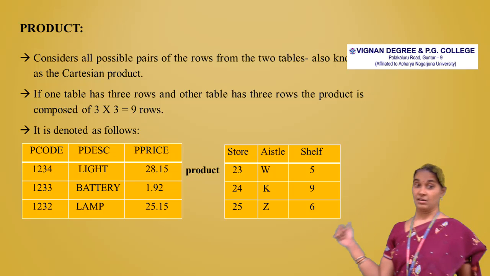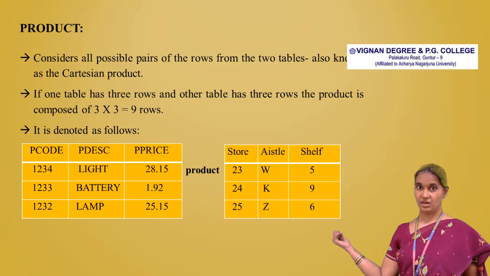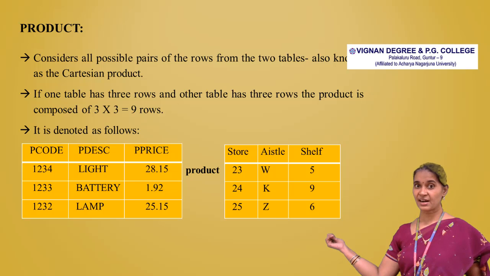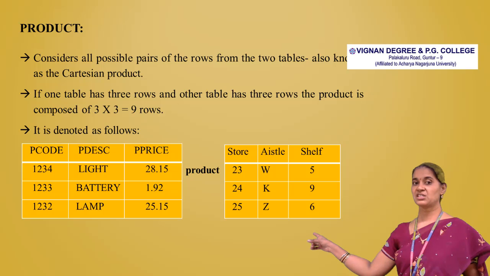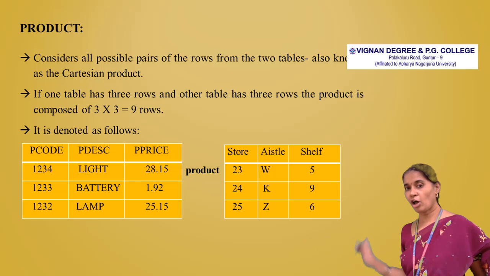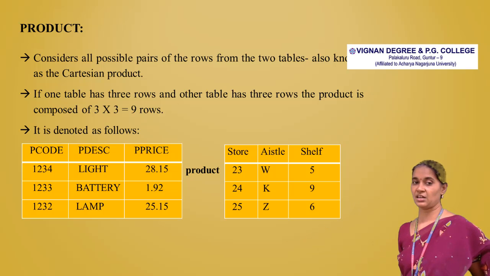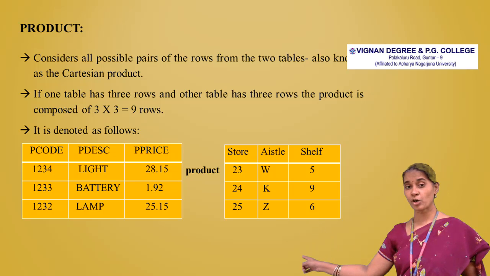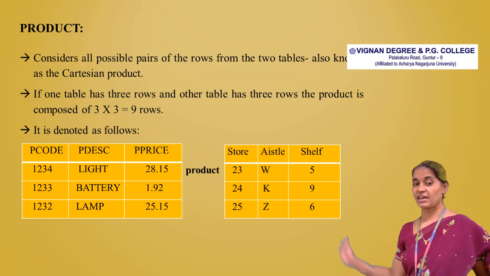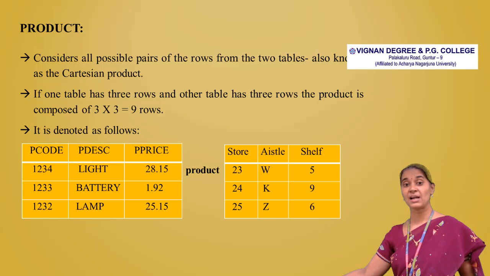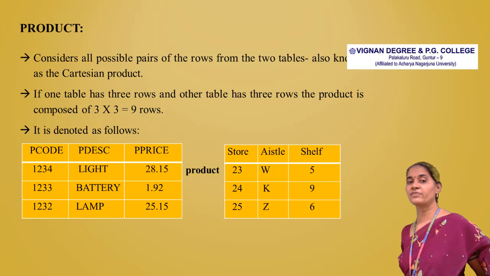That is, the first row of the first table is multiplied with all the three rows of the second table. Again, the second row of the first table is multiplied with all three rows of the second table. Again, the third row of the first table is multiplied with all three rows of the second table.